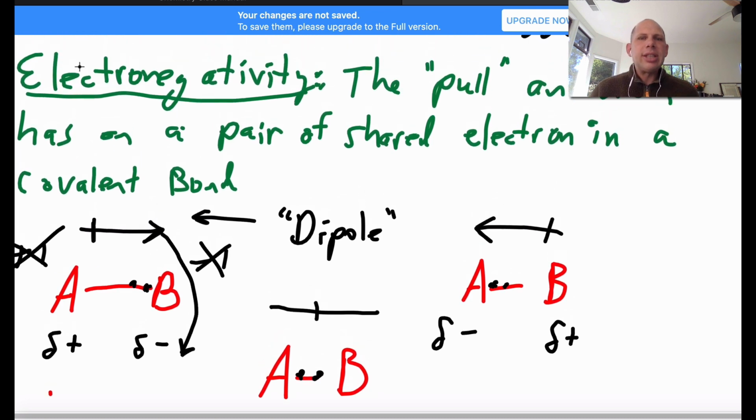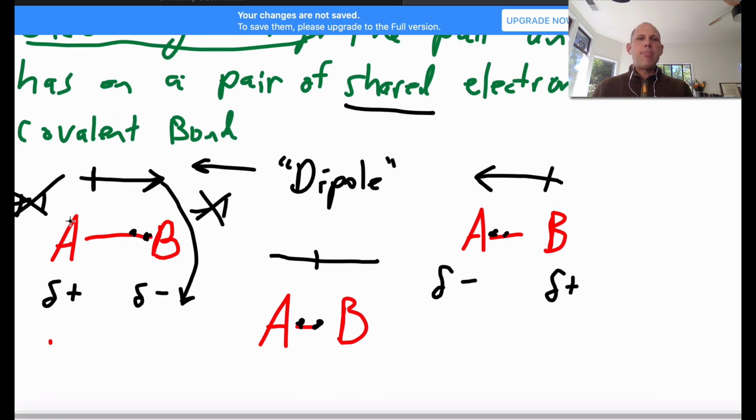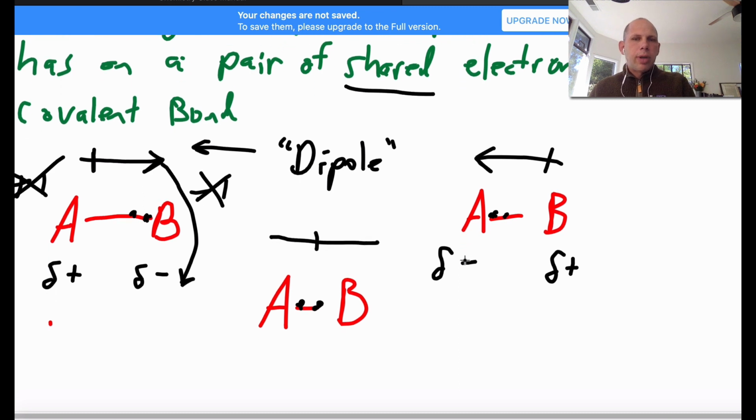So electronegativity is the pull an atom has on a pair of shared electrons in a covalent bond. B pulls harder, but they're still shared, so it's not negative, it's partially negative, making A partially positive. A pulls harder, making it more negative than B.